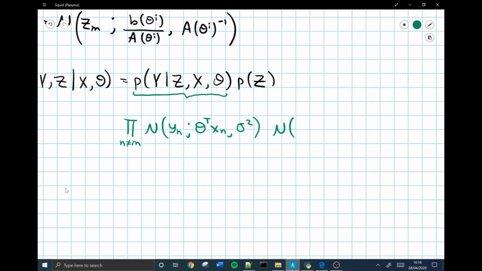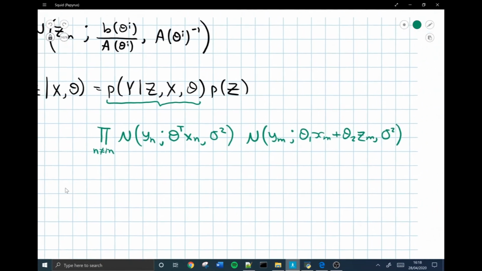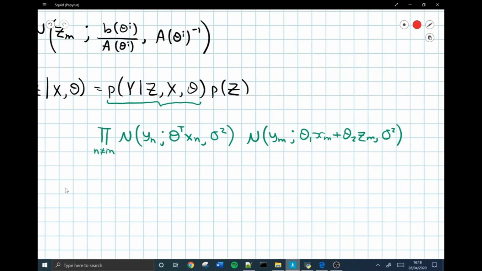So that's a normal distribution, and this time it's ym, where we've got this theta 1 times xm plus theta 2 times zm, and the variance is still sigma squared. So that is the likelihood, and then the prior is the same as before, so put that up here. So that's a normal distribution over Zm. It's zero mean and unit variance.